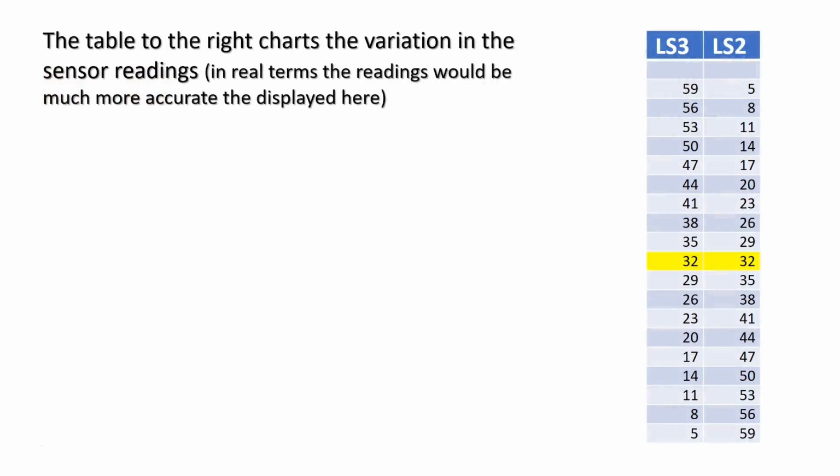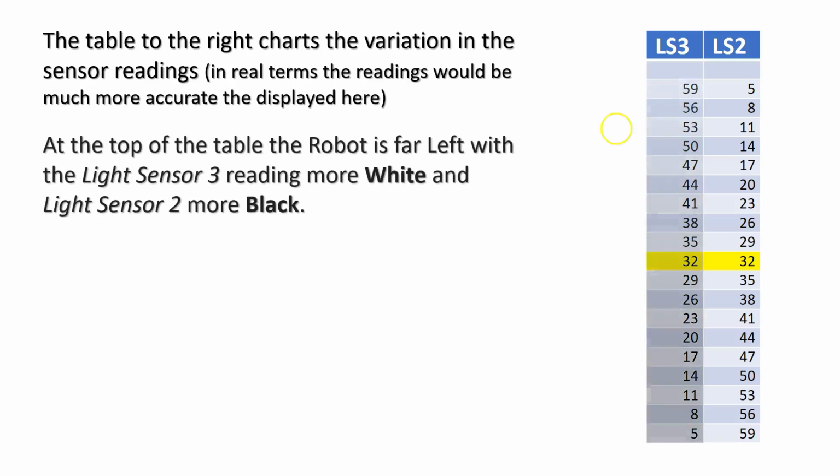If we put these readings into a table, like the one on the right, it will look similar to this. In real terms, the readings will be much more accurate, but to fit on this PowerPoint, I've only put 3 spacings between each one. At the top of the table, the robot is situated far left, and light sensor 3 reads more white, and light sensor 2 is reading more black.